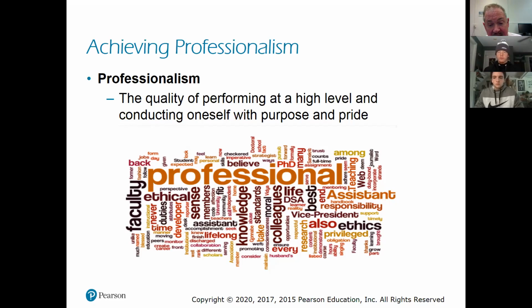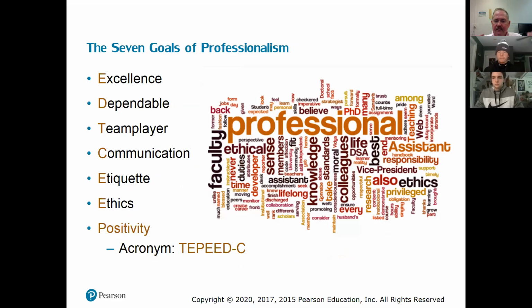Make sure that you demonstrate good etiquette, and that you have both an ethical and a positive outlook. Don't be complaining about things. If you have to go to your boss to say something, be positive about it and have a solution. Don't just say, I can't do this because. Say, hey, I'm having trouble doing this, I'm wondering if we could try doing it this way.